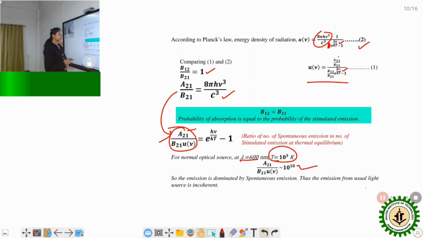So we conclude that in the normal situation, in the active medium, if we give the excitation, we will get only a higher probability of spontaneous emission. That means we will not get the laser signal. Then how will we get the laser signal?